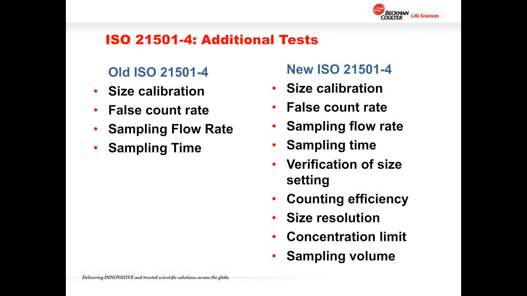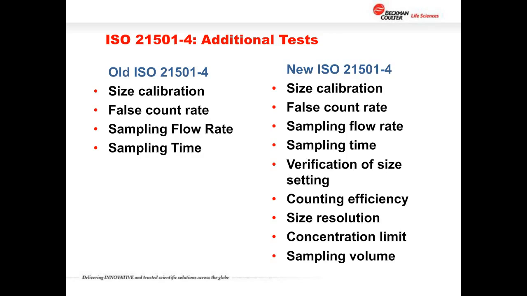First off, in the previous methods, 4 different typical things were checked. In the ISO 21501-4, we really look at more than just those, and importantly, we look at the counting efficiency of the particular instrument involved. This gains us a more consistent health check, you could say, of the instrument throughout its lifetime, and also more consistency between instruments.